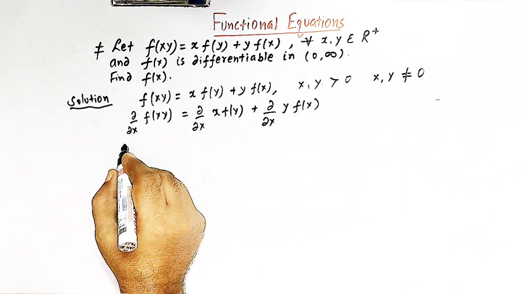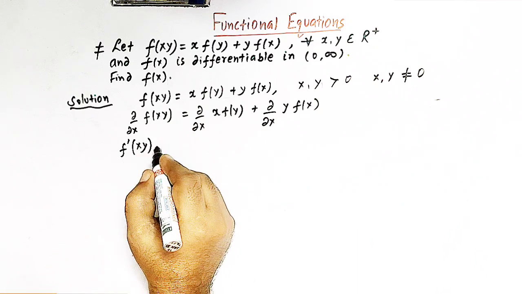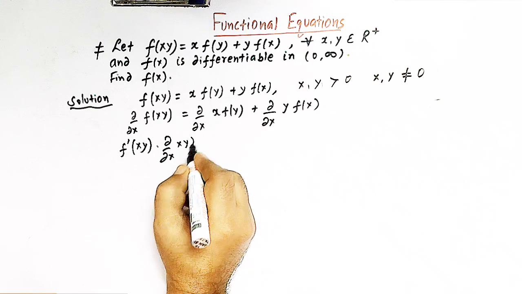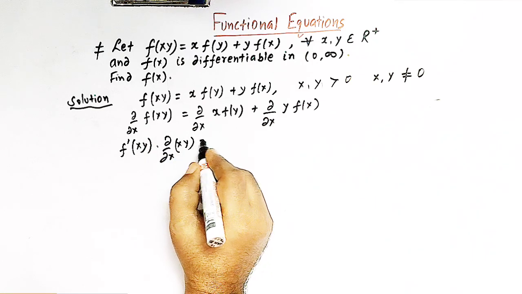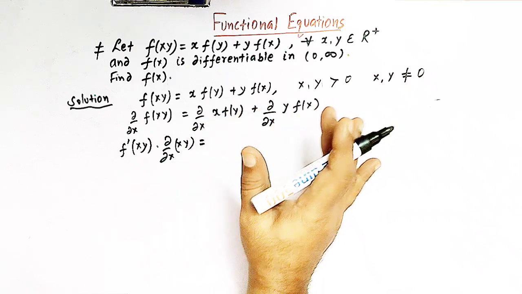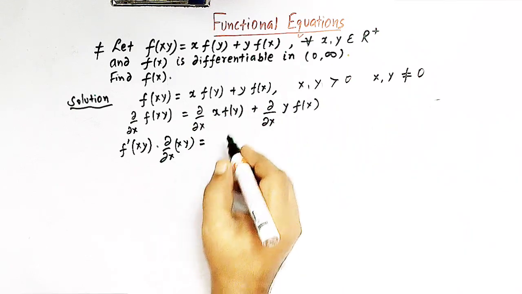Now here we have f'(xy), and by chain rule we have to differentiate this product xy. And when we are differentiating partially with respect to x, then y is treated as constant.